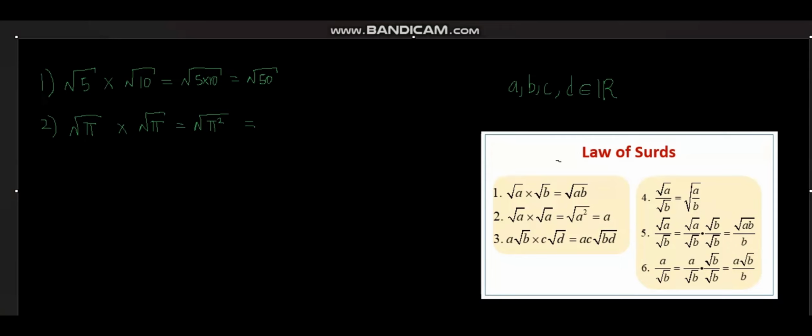Recall from the laws of indices that a root is to the power of a half, so this is pi squared to the power of a half, and from the laws of indices, 2 by a half would just equal pi. Hence, when root E by root E is multiplied, we get E.